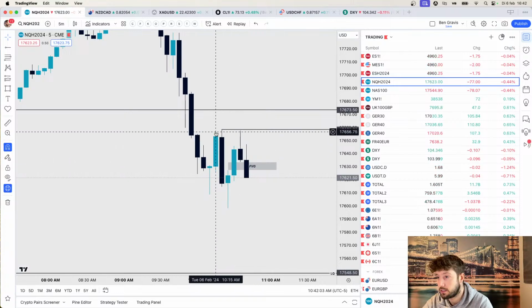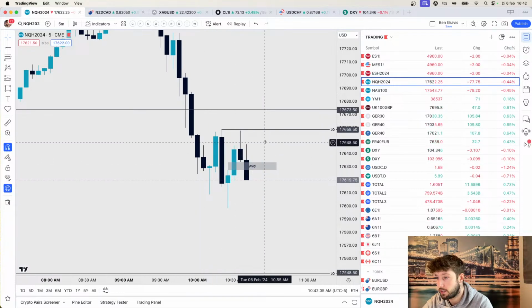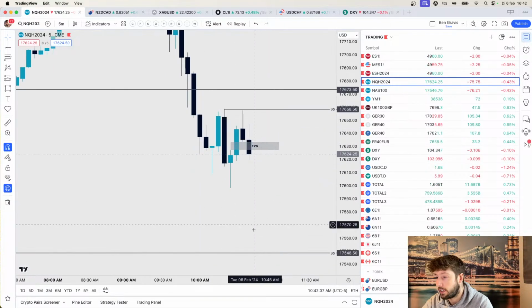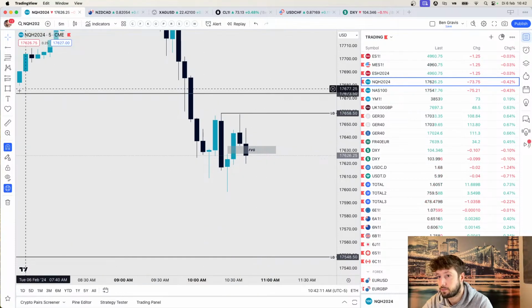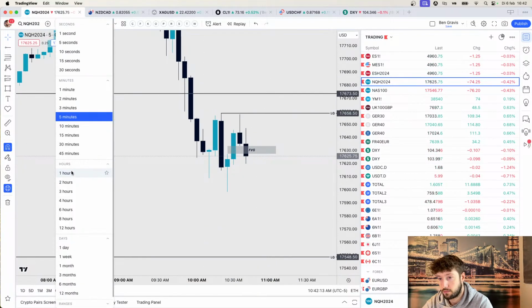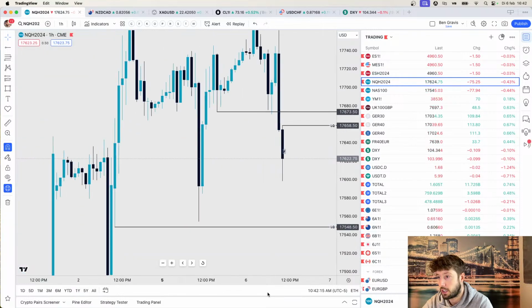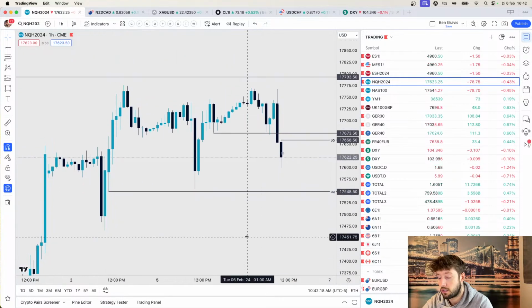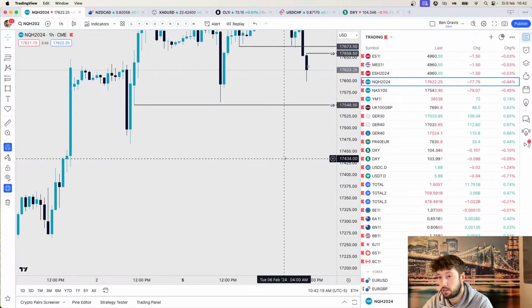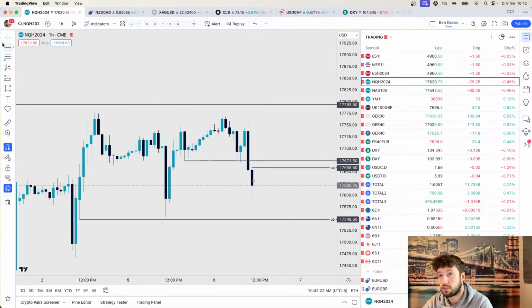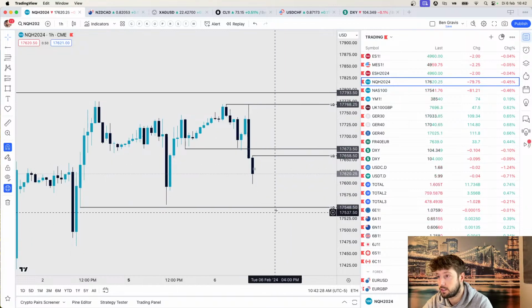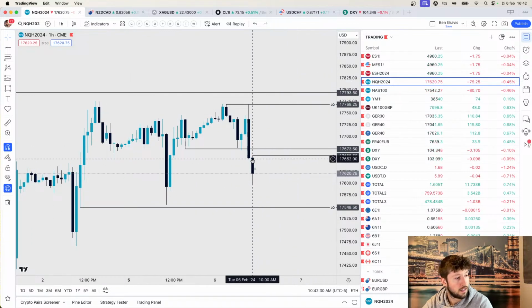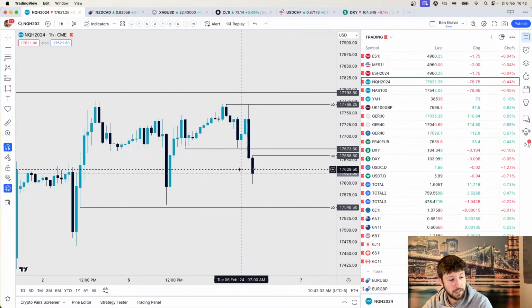The fair value gap here tapped into some liquidity. I wouldn't trade it, but I'm still targeting lower potentially. And the reason why, because we do have those equal lows here. And then we have equal highs here. So eventually, if it grabs this, would be nice to just flip it back higher.